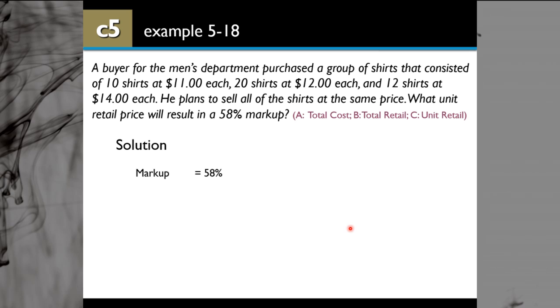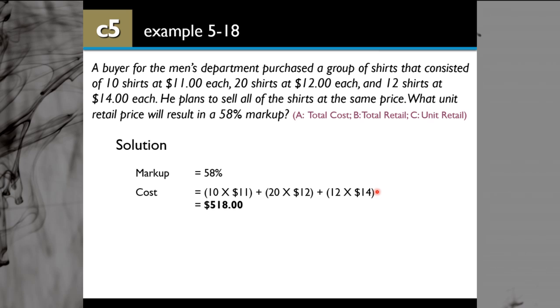What I'm going to ask you to do first is the total cost, and you can calculate it based on the number of units and the cost for each. So there are 10 shirts at 11 plus 20 shirts at 12 plus 12 shirts at 14. If you combine all these, that's the total cost, and that is 518.